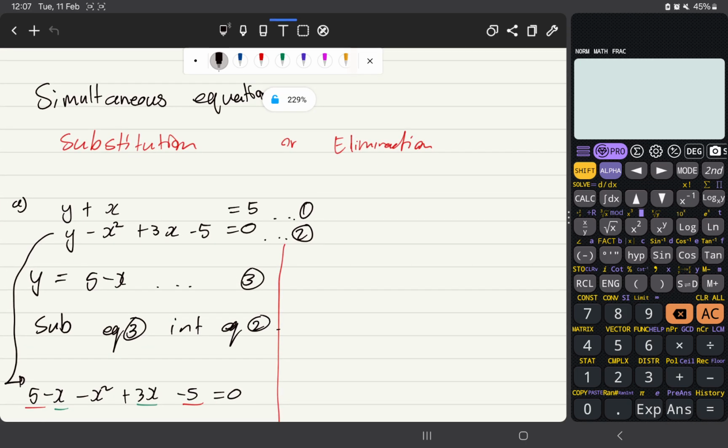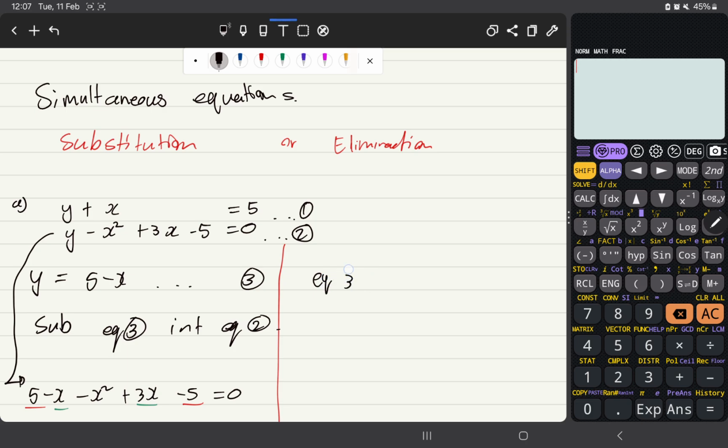So now when you're trying to eliminate y, you want to make your y's the same. If it's 4y, you want to make them 4y, but one of them will have to be negative, one of them will have to be positive, right? So you can say your equation 3 is going to be what?